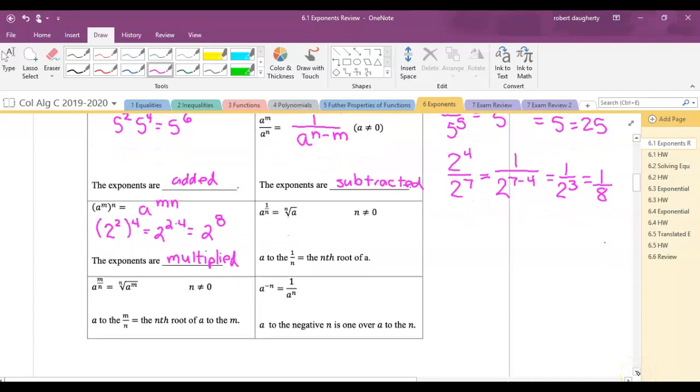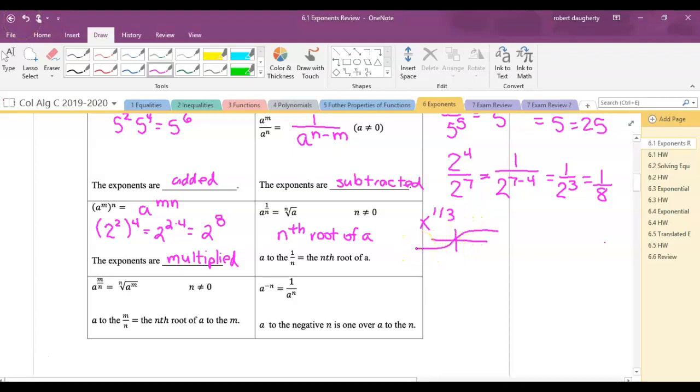Fractional exponents. If I have a to the 1 over n, another way of thinking about this is the nth root of a. Now we've dealt with this before. Remember when we were graphing? Remember how we graphed x to the 1/3? That was the graph of something that looked like this.